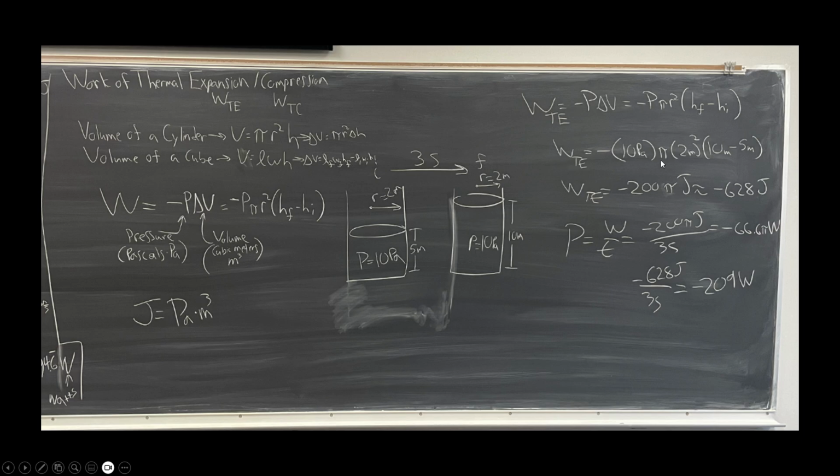You have two options. You can either leave pi as a symbol, basically just don't plug it into your calculator, at which point we get work equaling negative 200 times pi joules. If you do plug in pi into your equation, then what you're going to get is work equaling negative 628 joules.